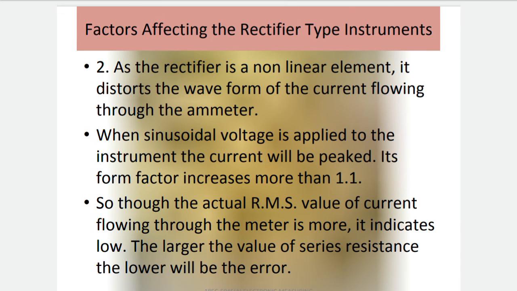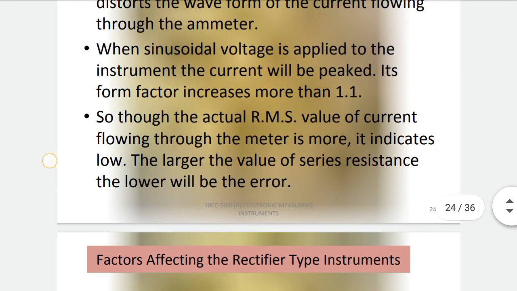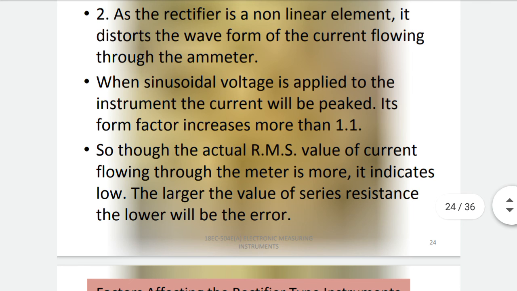And now the second point. As the rectifier is a non-linear element, it distorts the waveform of the current flowing through the ammeter. When a sinusoidal voltage is applied to the instrument, the current will be peaked. Its form factor increases to more than 1.1. So, though the actual RMS value of the current flowing through the meter is more, it indicates low.